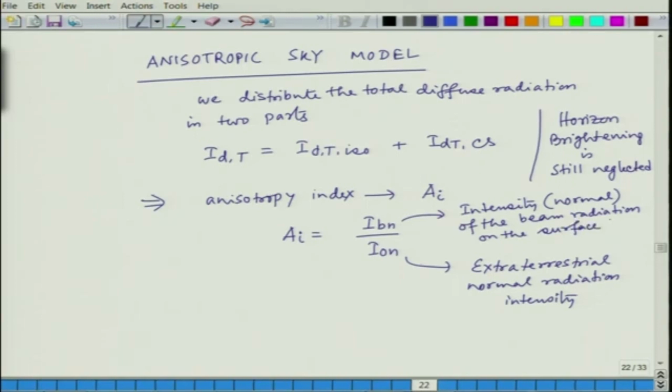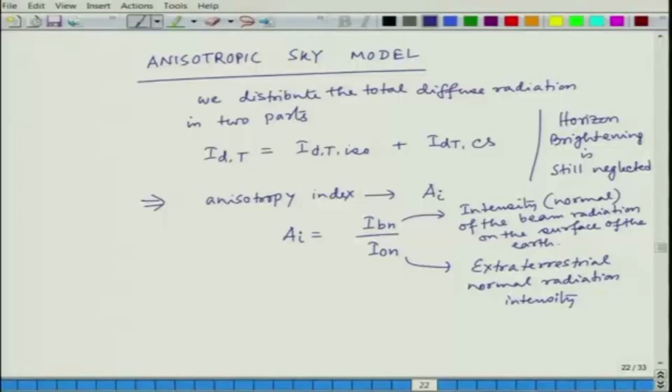Whenever we do not have the subscript O, that means we are measuring it on the surface of the earth, not outside the atmosphere. So, here you can see what this anisotropy index tries to capture. It captures how much of the extraterrestrial radiation is available in terms of beam radiation.